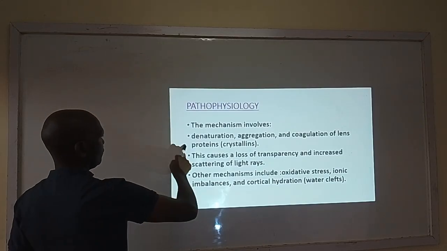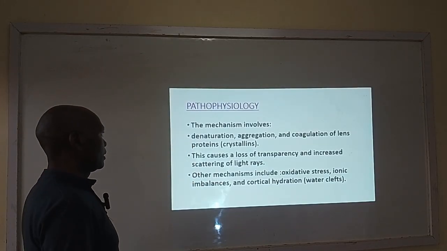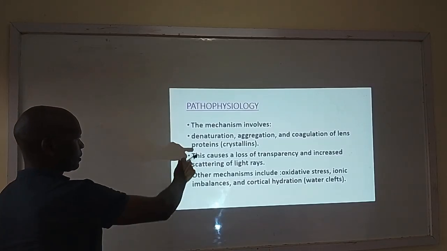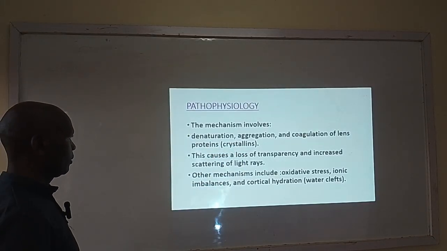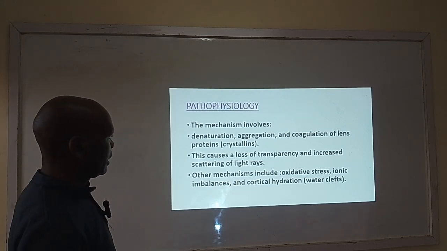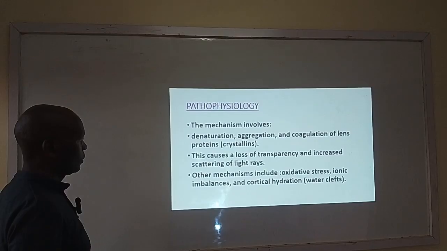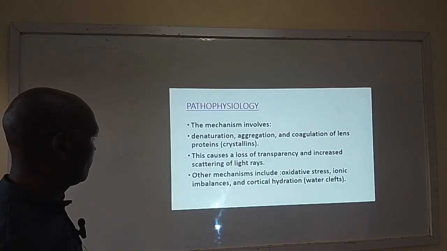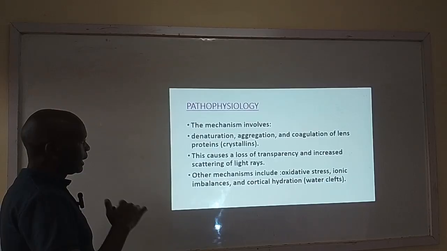This is more of a physiological issue. The lens proteins, what we call the crystallines, are very delicate proteins and very vulnerable to any physiological changes in terms of metabolism, and they are supposed to be clear.